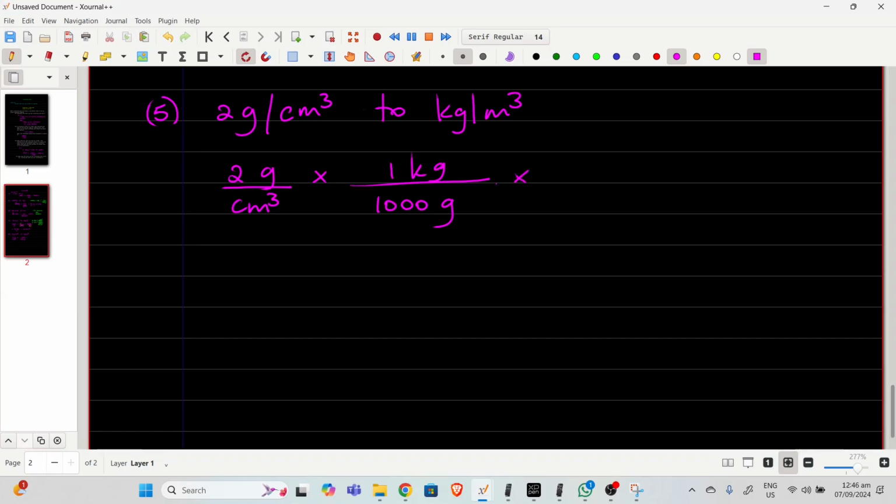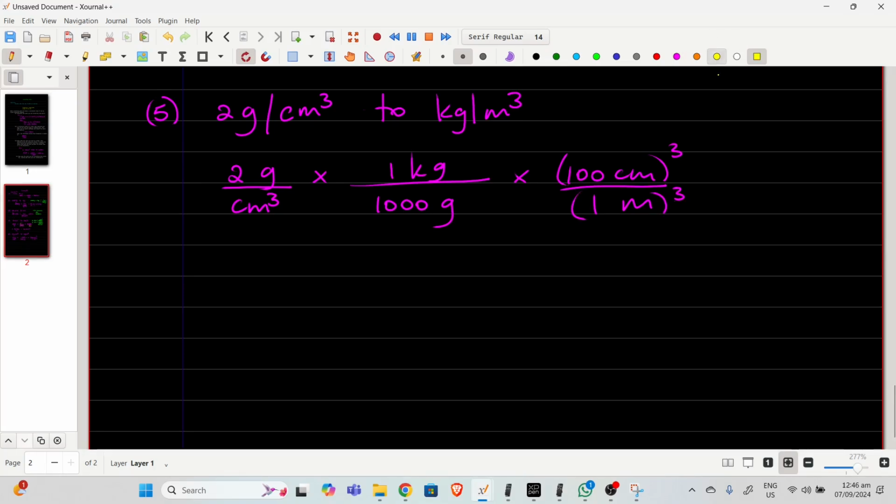The next unit I have to take care of is centimeters. Now, I don't know what centimeter cubed is worth in meter cubed, but I know what centimeter is worth in meter. I know that 100 centimeters is in 1 meter. So all I have to do now is raise this to the third power and raise this to the third power.